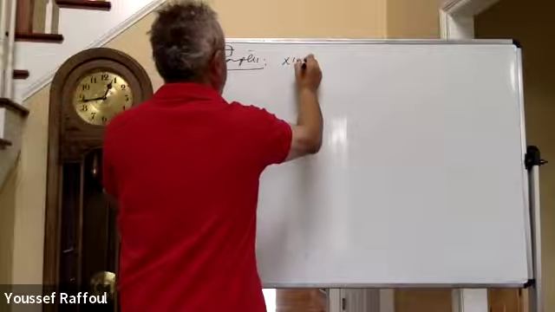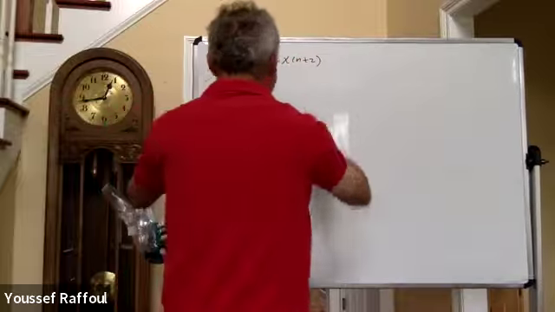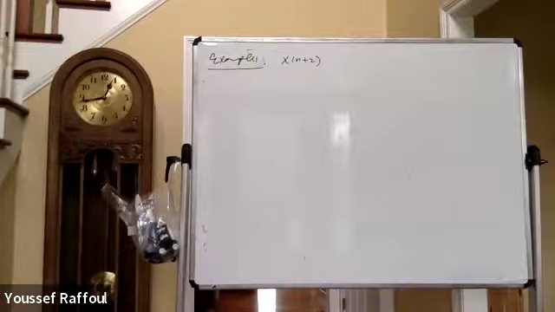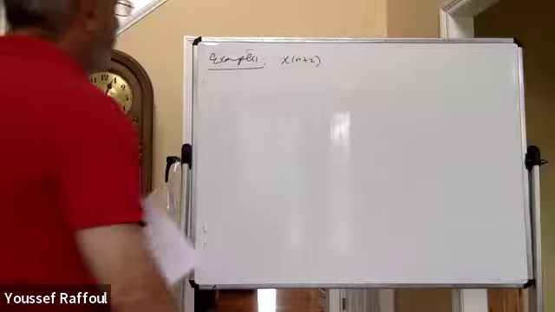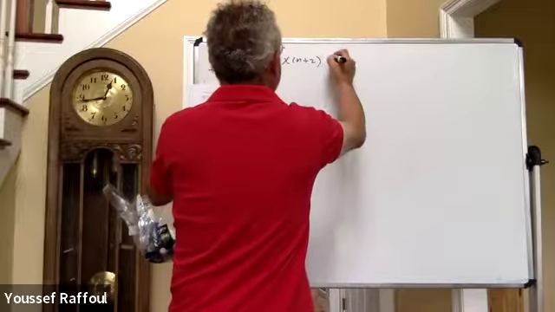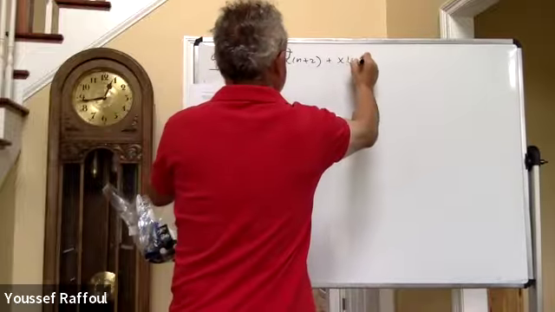Let's say we want to solve x_{n+2} plus x_{n+1} minus 6x_n equals 8. We're going to concentrate on second order, just to illustrate our point.